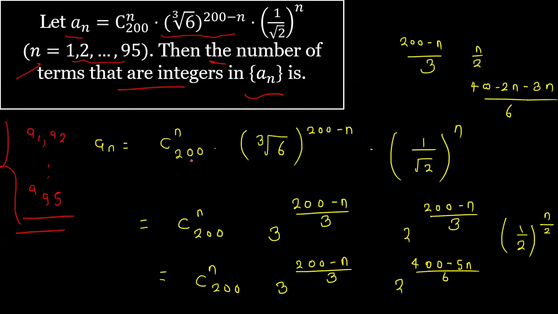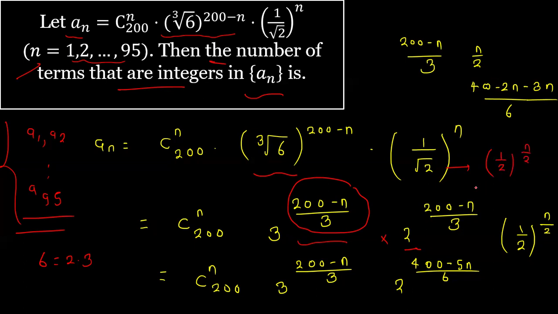First you can write 6 is equal to 2 into 3, so you can take the cube root and write 3 raised to power (200 minus n) by 3, multiplied by 2 raised to power (200 minus n) by 3, and from here you can write 1 by 2 raised to power n by 2, in this way.